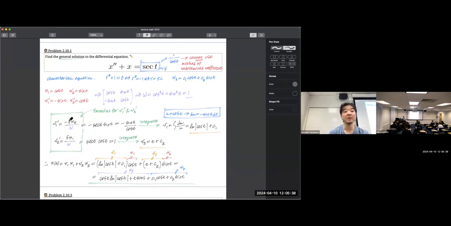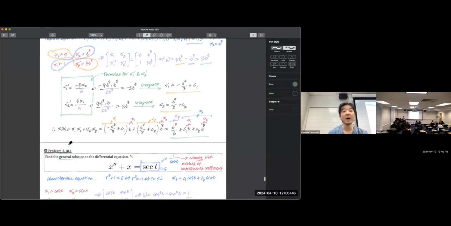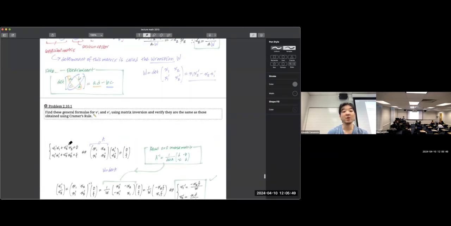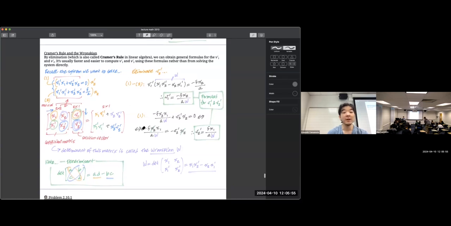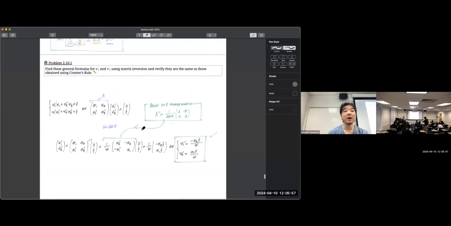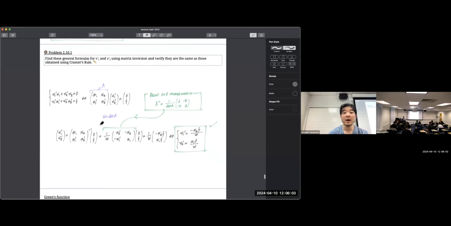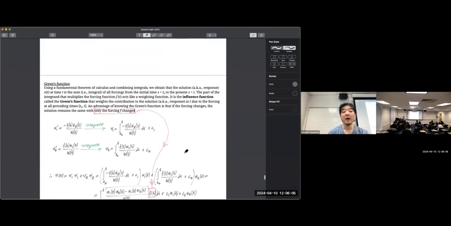We also looked at how you can do variation of parameters easily by using the formulas for v1 prime and v2 prime. These formulas were derived a couple of ways. One way was to look at the system of equations and do elimination, which is Cramer's rule. The other way was to rewrite the system as a matrix equation and invert the matrix.